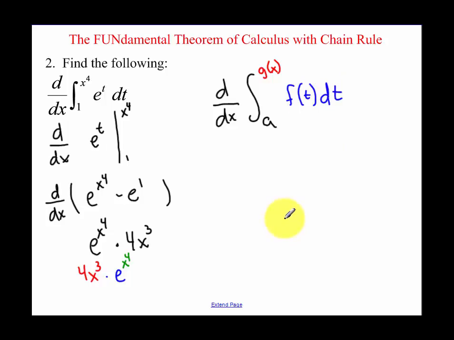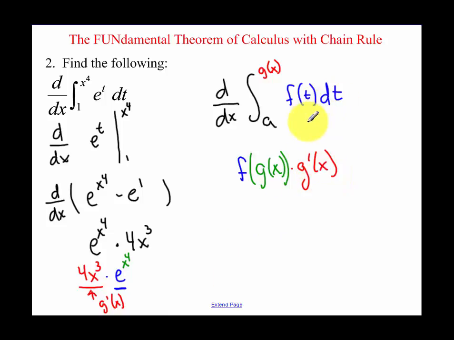What we have here is a composition, f of g of x, times the derivative of our g of x function.